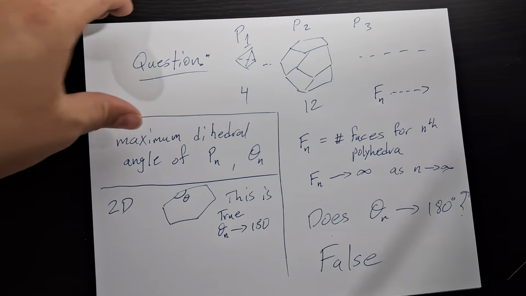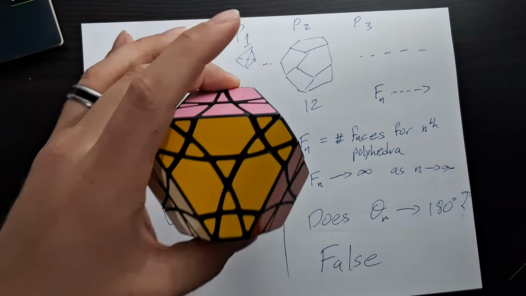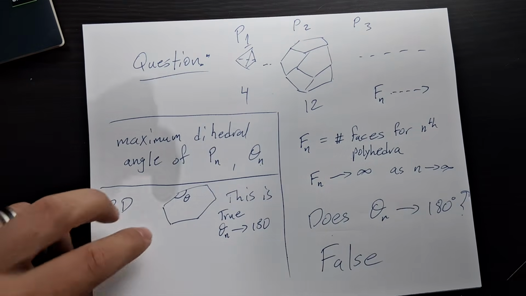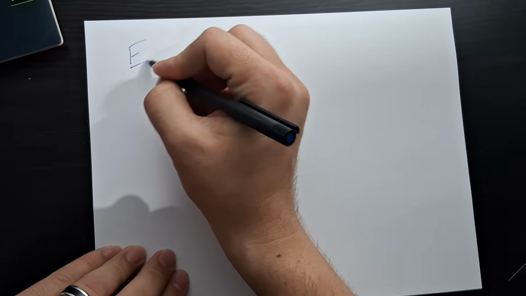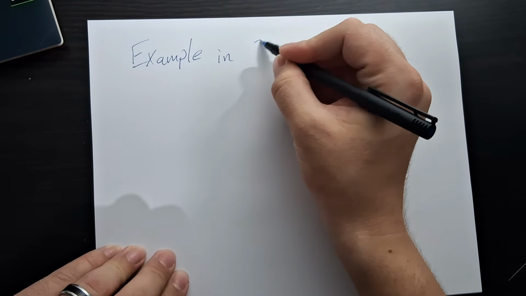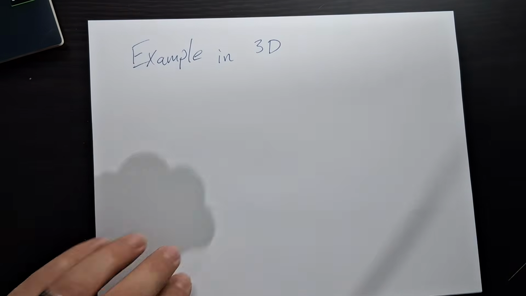Let's talk about the example, and that's actually where this gets its geometry from. So what is the 3D example that we get? I can't claim to be the person who solved this. This was an exercise in a book on polyhedra. I forget the author.